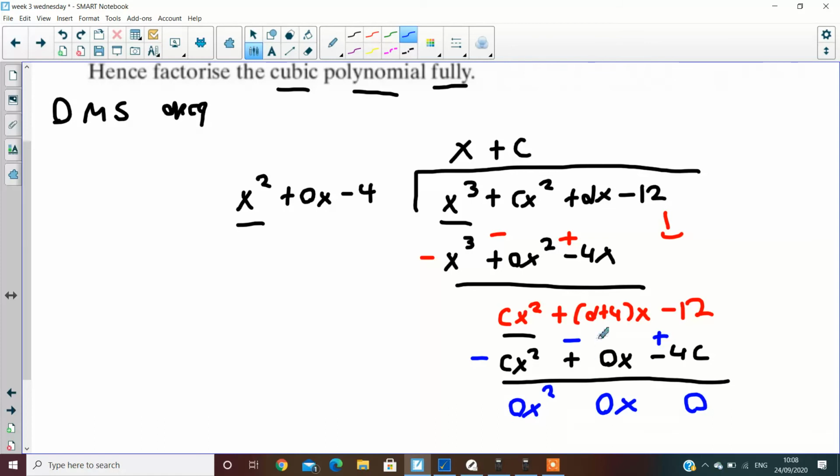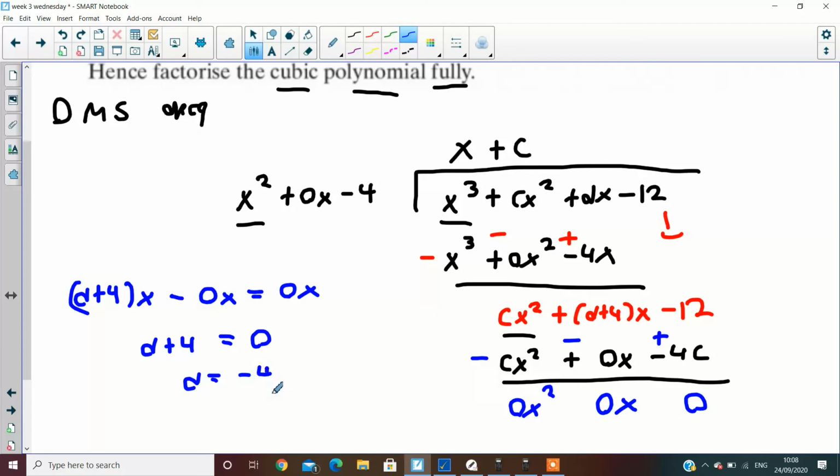Let's examine the middle part. What does this mean? D plus 4 x take away equals... get rid of the x's, what's left over then? D plus 4 equals 0, and d equals minus 4. Is that okay? d equals minus 4.